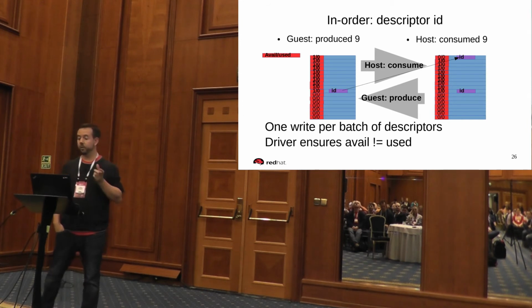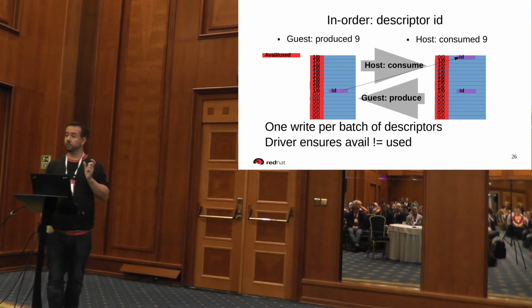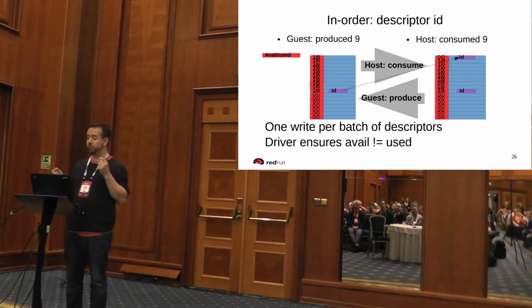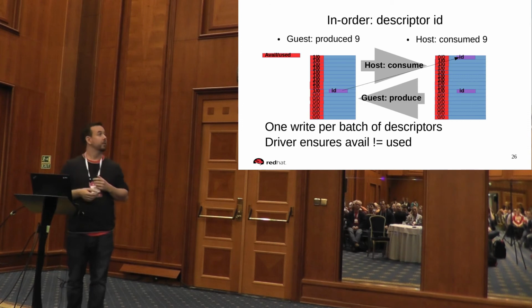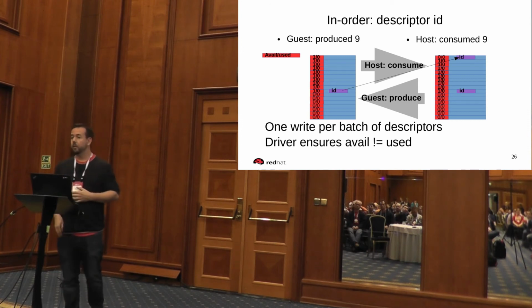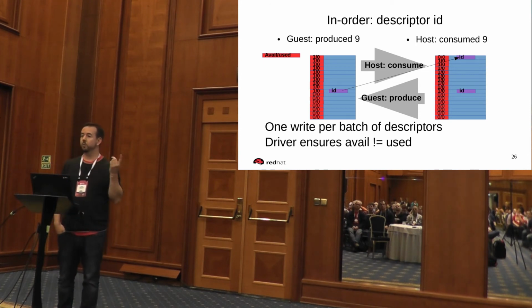And in this case, we could also reduce the number of memory writes, and thus also the amount of messages that need to be exchanged between CPUs. We do this by allowing it to just skip writing out some of those descriptors. The driver will then use the feature bit to detect we're processing in order and act accordingly.